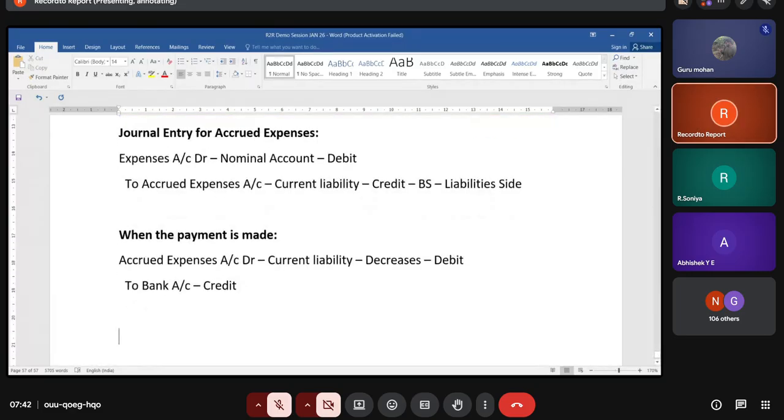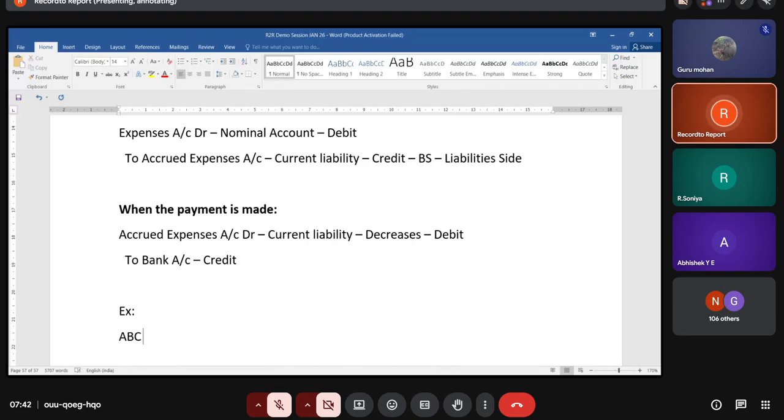Let's understand with an example. ABC Company Limited. Salary for the month of January 26, paid on 5th February.